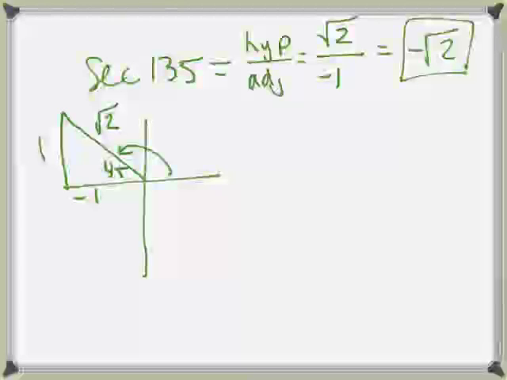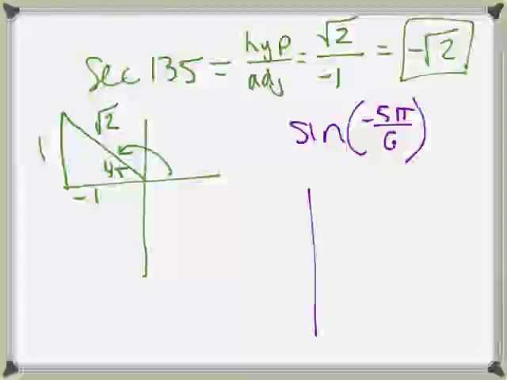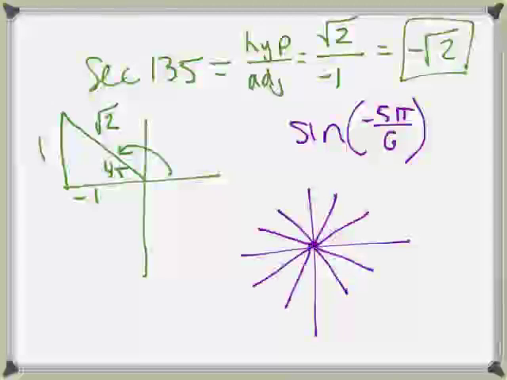And the last example is the sine of -5 pi over 6. So begin with a graph. For radians, we do the denominator number of pieces in each half. Begin at the positive x-axis, go around numerator number of pieces, so -5 pieces.